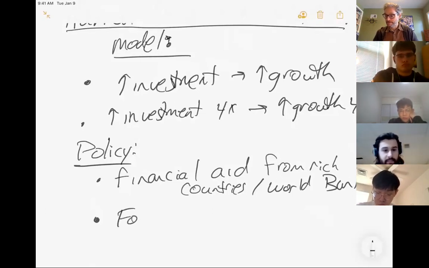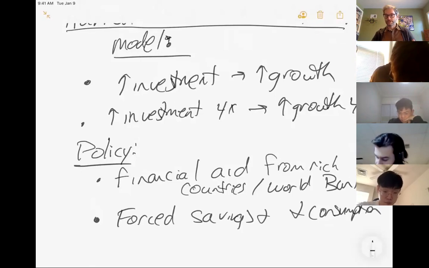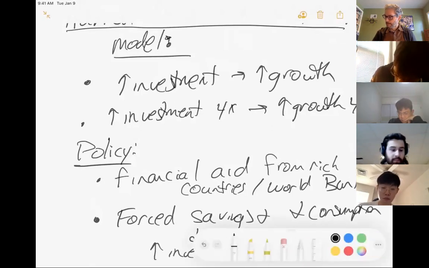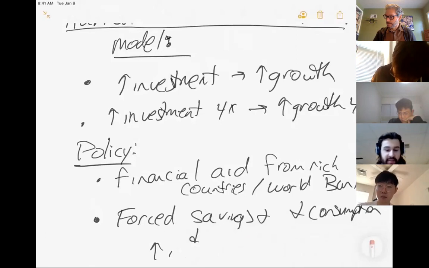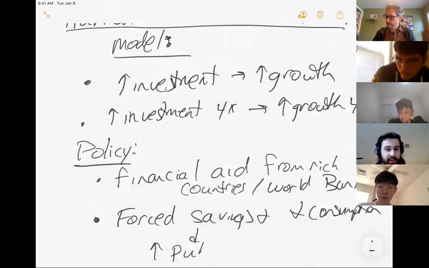So part of this was forced savings and cutting consumption, meaning cut people's standards of living so that you can invest more. Can you go into what forced savings exactly means? I wasn't really clear what that meant in the reading. Yeah.